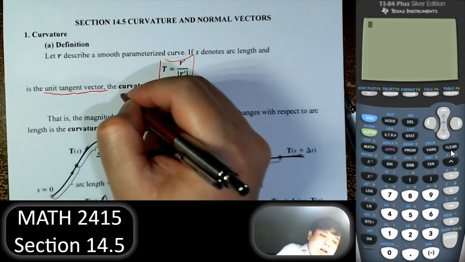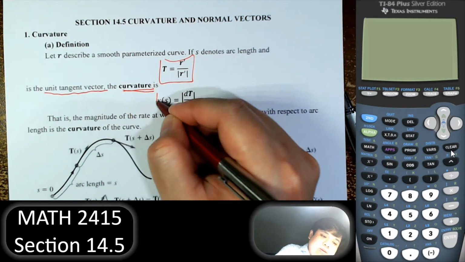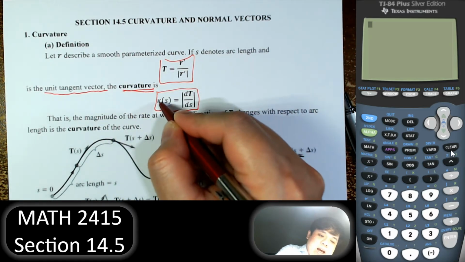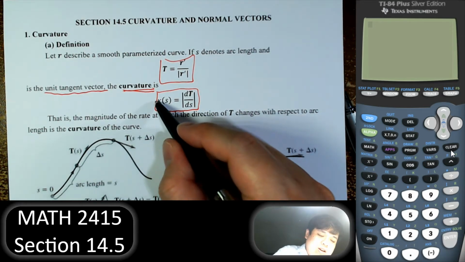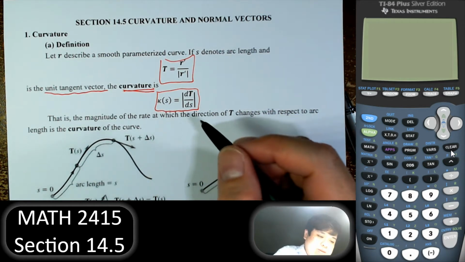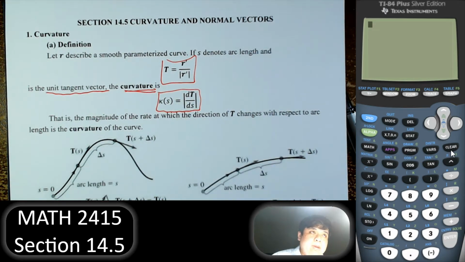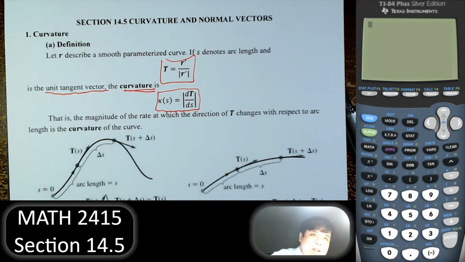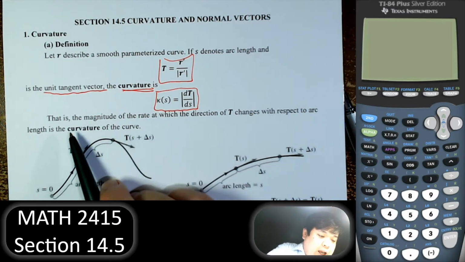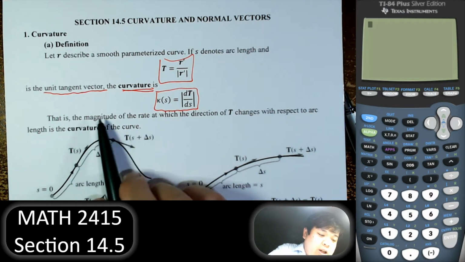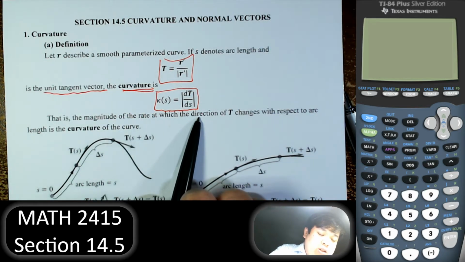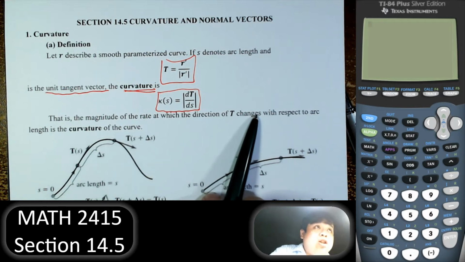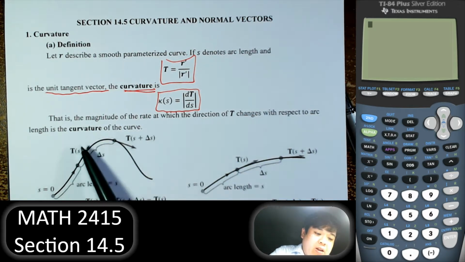In that case, the curvature is given by this formula, with that Greek letter kappa. The curvature is the magnitude of the rate at which the direction of T changes with respect to the arc length.